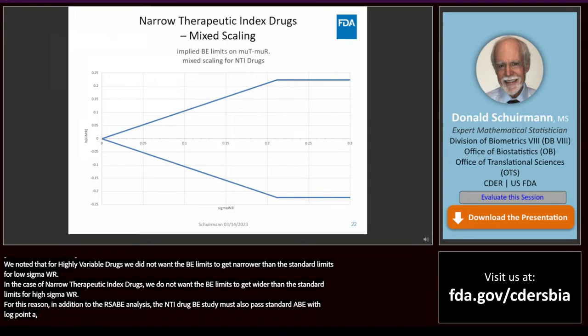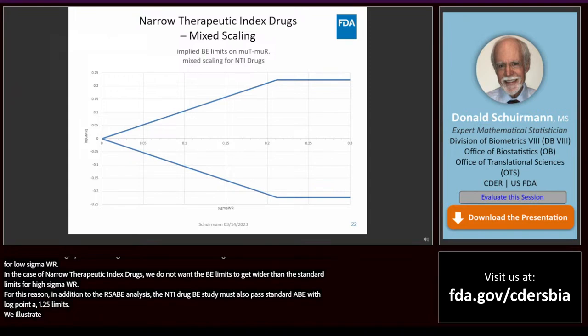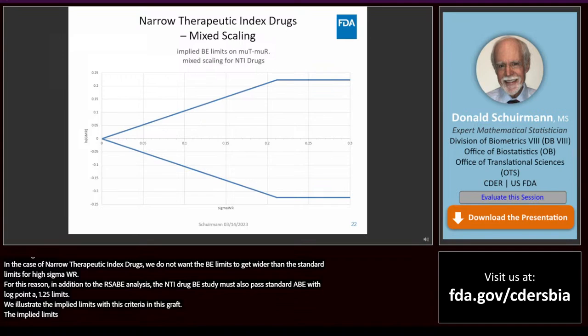We illustrate the implied limits with this criterion in this graph. The implied limits on μt minus μr get wider with increasing sigma WR until they reach log of 0.8 to log of 1.25, at which point they stop getting wider.